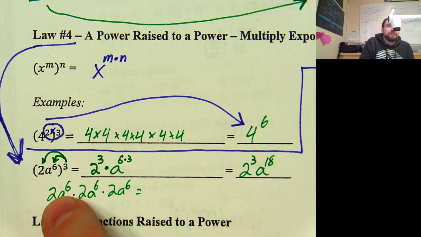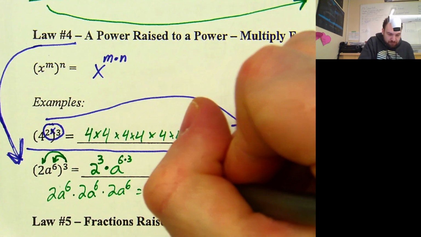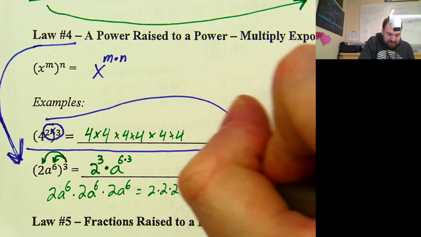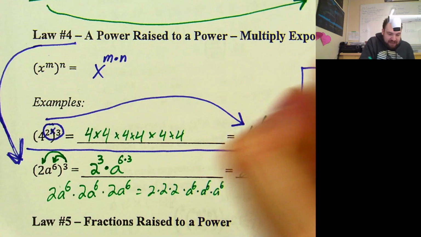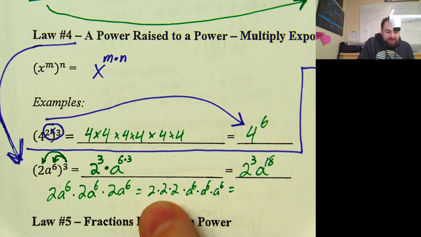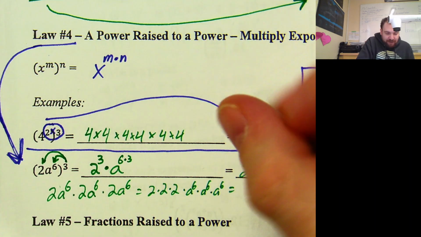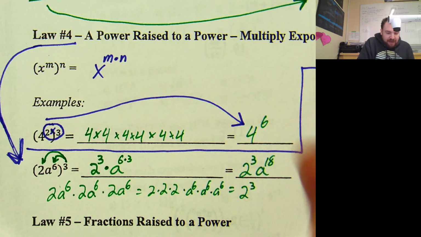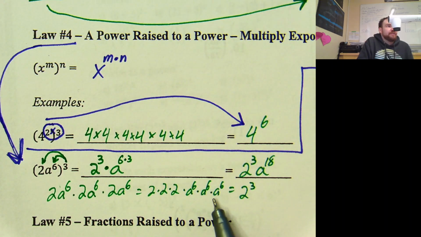I could write 2 times 2 times 2 times a to the 6 times a to the 6 times a to the 6. When I have 3 2's multiplied together, I can write that as 2 cubed. And then I've got a to the 6 multiplied together. When I multiply the same base, I add the exponents. 6 plus 6 is 12 plus 6 is 18.